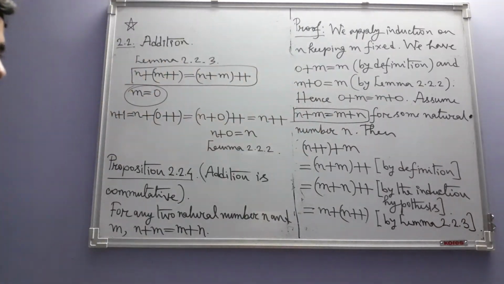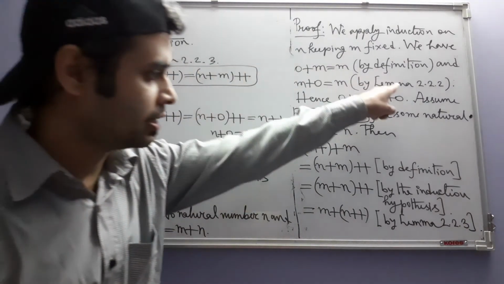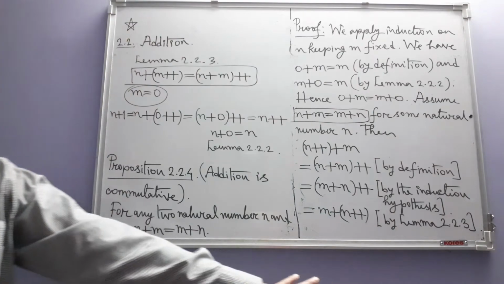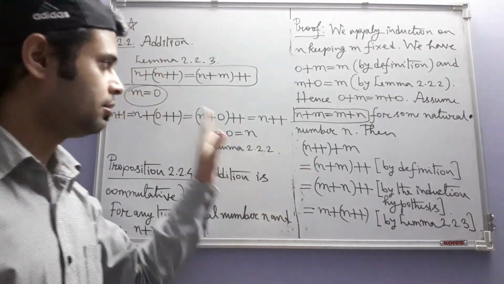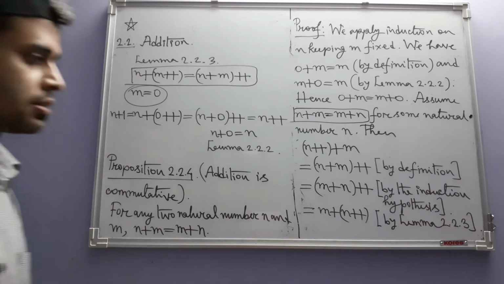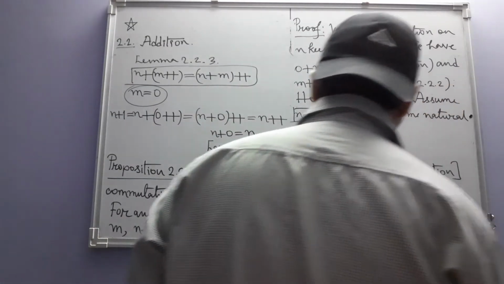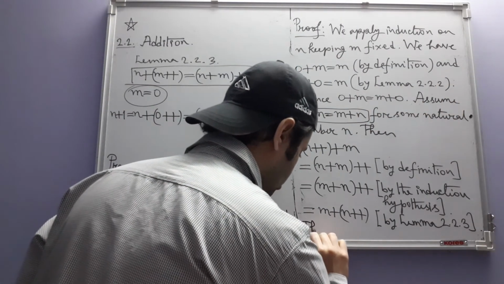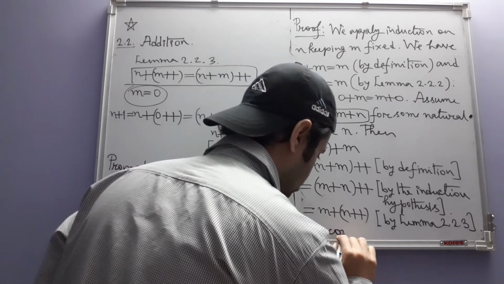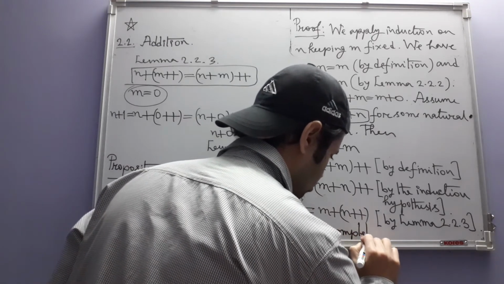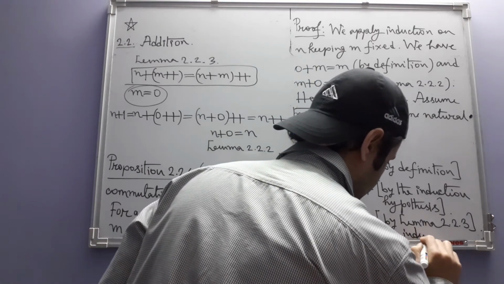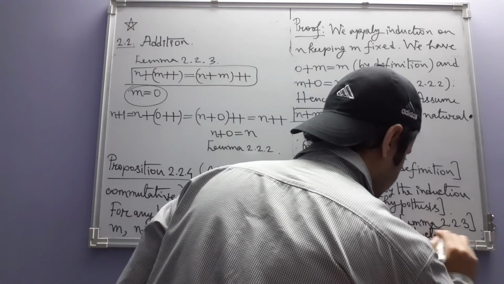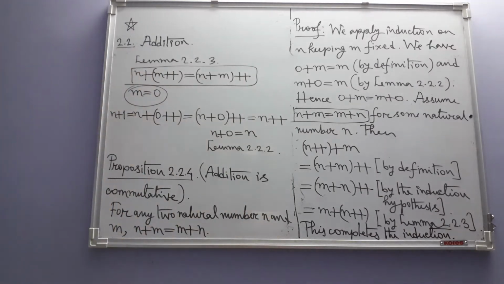So that's why we need these two lemmas in the proof of this proposition. That's why we proved them first. So this completes the induction. And we have commutativity. And the proof is over.